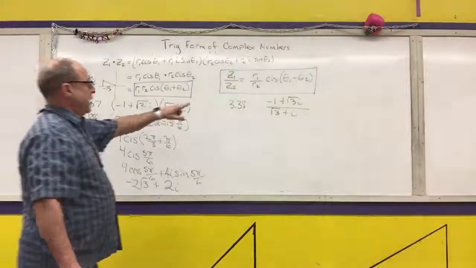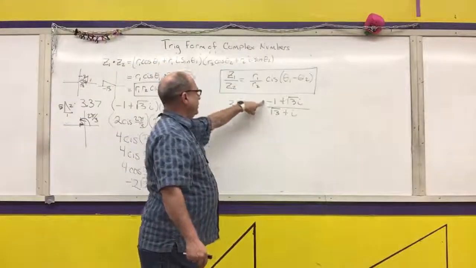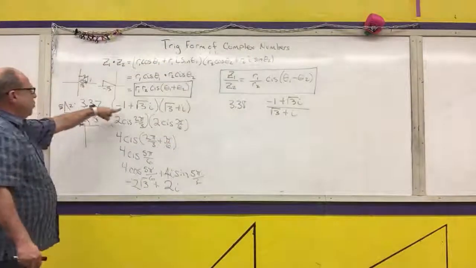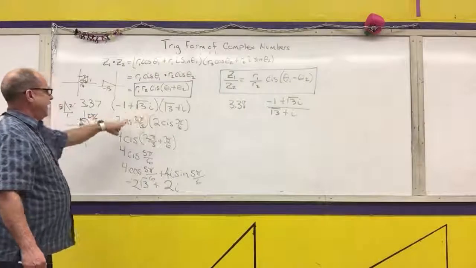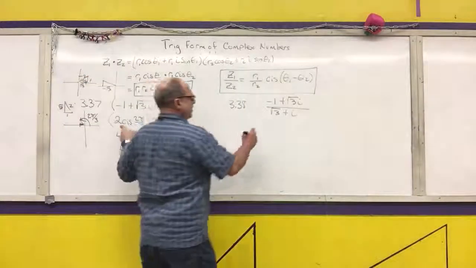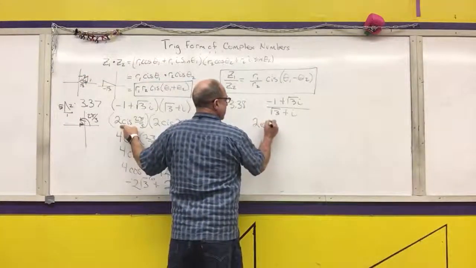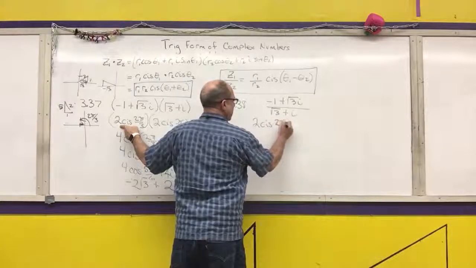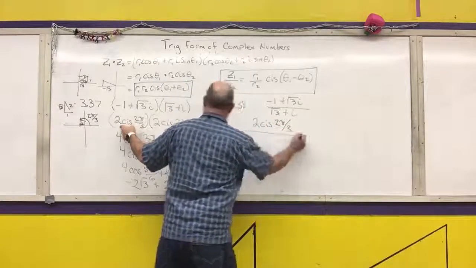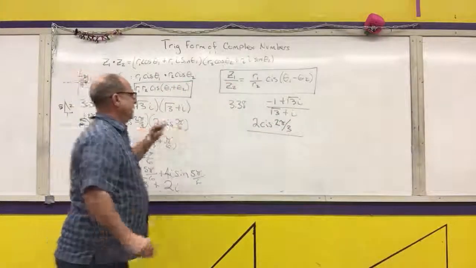I'm using the same trig numbers as I used before, where negative 1 plus root 3 i is 2 cis 2 pi thirds, over 2 cis pi 6.